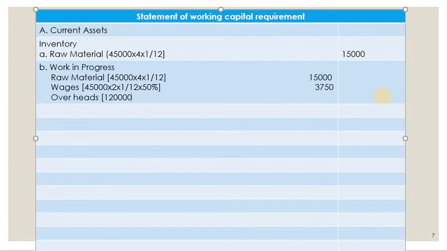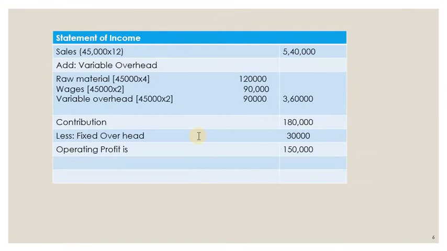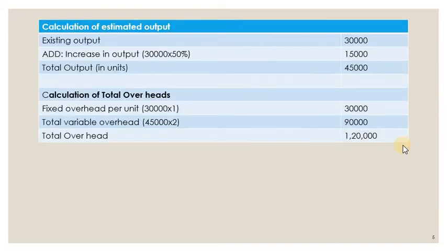Then next one is overheads. So overheads, again calculate that. See how we have calculated here, by using the units and the price of it, raw material, then wages, then overhead. Sorry, not this one. So calculation of total overhead: fixed overhead per unit, that is 30,000 into 1, 30,000.